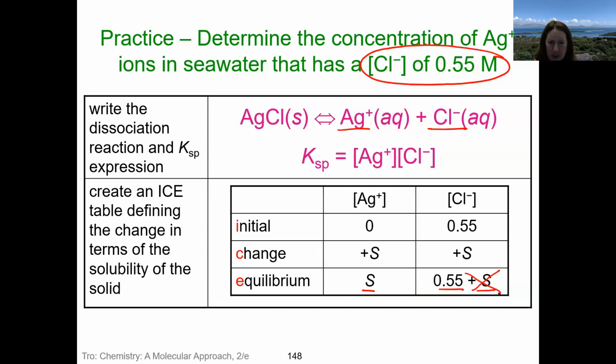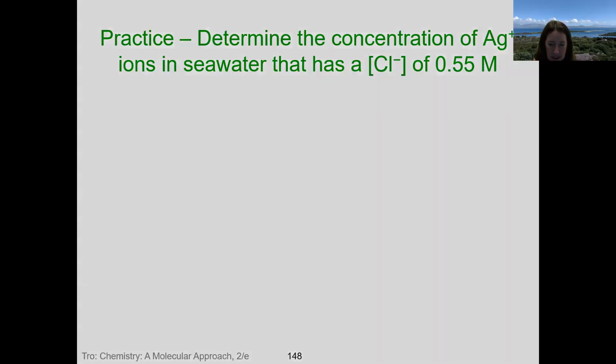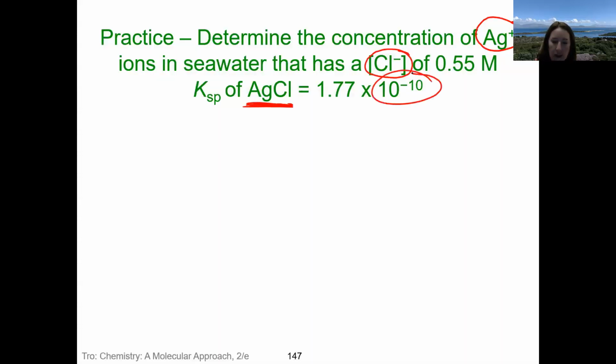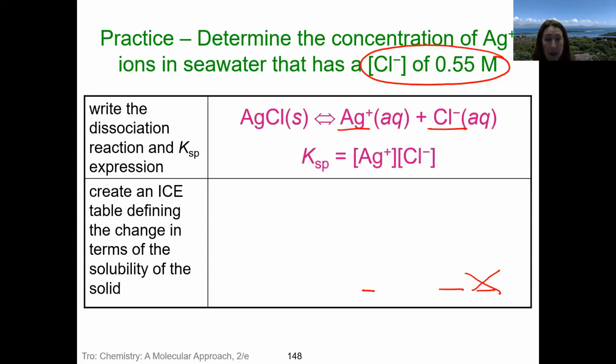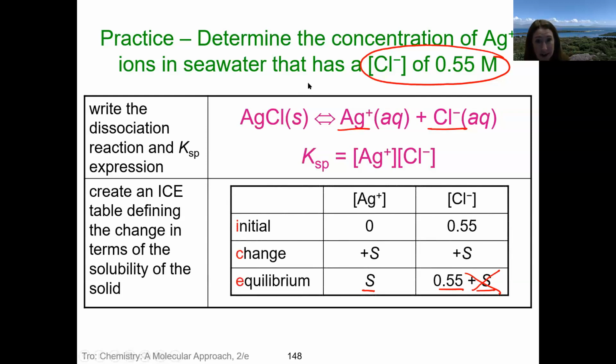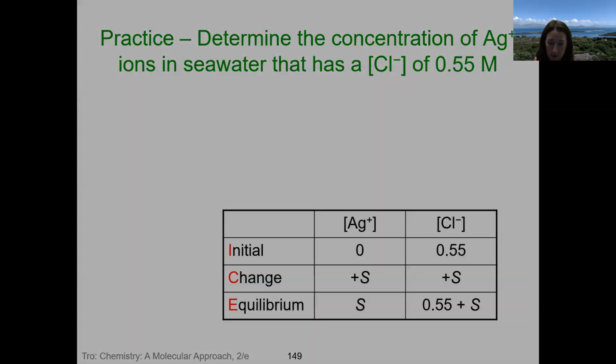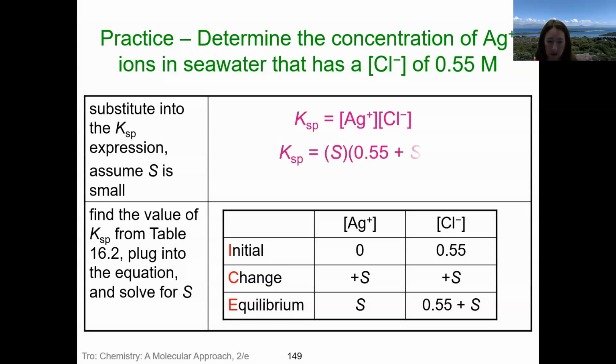Because my KSP was 10 to the negative 10th. So because the difference is 10 to the 9th, I am in no danger of my S is small not working, just like we did our X is small after we make this assumption. So I'm going to plug this in, assume this works.